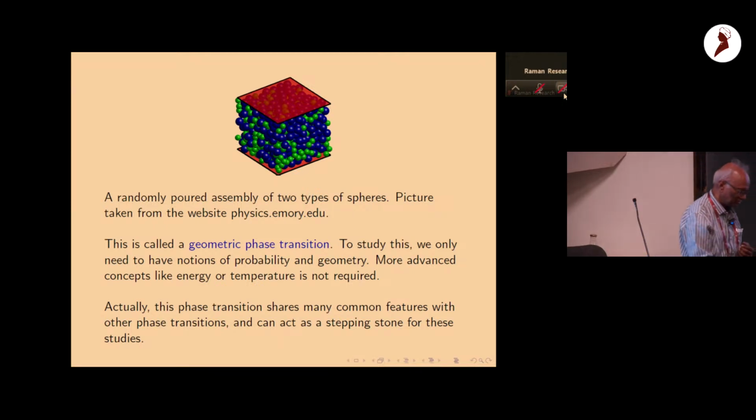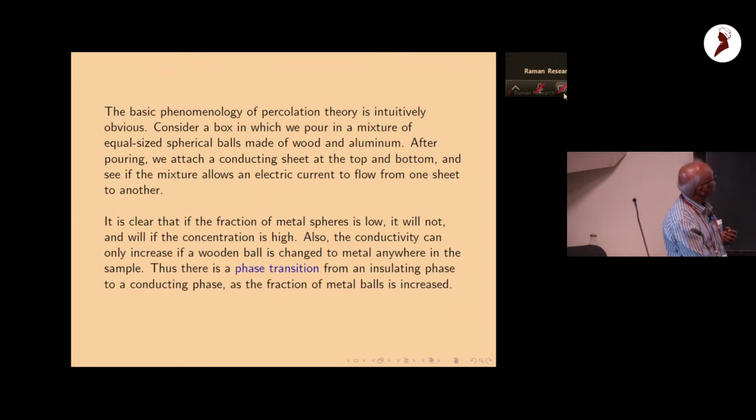So that's the phase transition. If the fraction of metal spheres is low, it will not conduct, but if it's high, it will conduct. There is a phase transition from the insulating phase to the metallic phase.